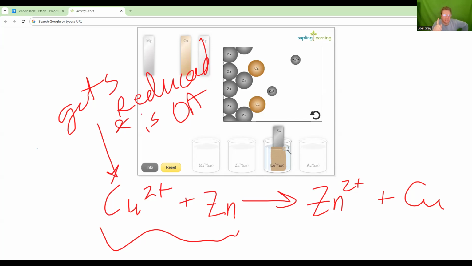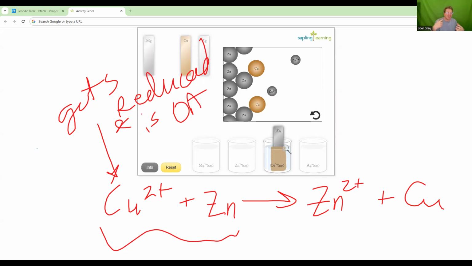Keeping straight when something gets oxidized, when something gets reduced, what that means for it as an oxidizing and reducing agent. The way that I think about it is I start out with this gets oxidized, so it loses electrons. This gets reduced, so it gains electrons. And that's what I anchor my ideas in. And then I say, okay, the thing that gets oxidized is the reducing agent. The thing that gets reduced is the oxidizing agent.